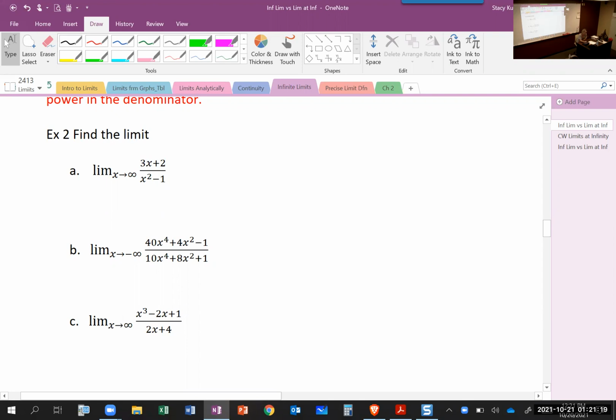So let's see what I'm talking about. The denominator is what I'm focusing on. The denominator is x squared, correct? It's already written in descending order, so it's x squared. So I am going to multiply both top and bottom by 1 over x squared.